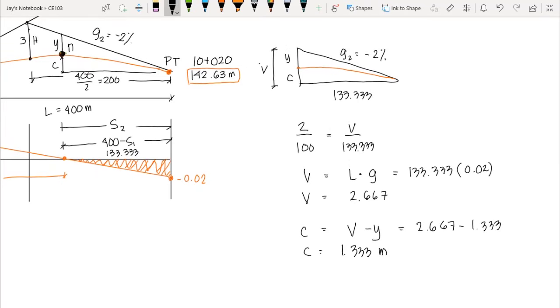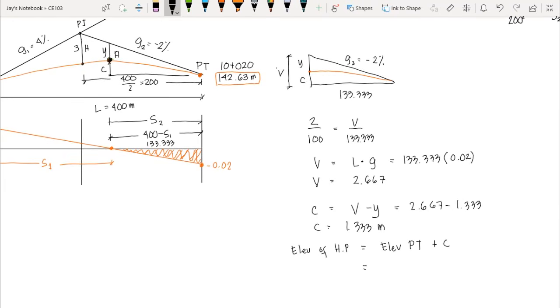So we can now compute the elevation at the highest point. Again, that is point A. Elevation of highest point, which is equal to the elevation at PT plus C. This would give us 142.63 plus C. We have 1.333. So therefore, the answer would be 143.964 meter.